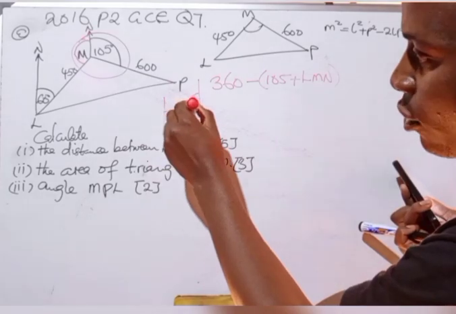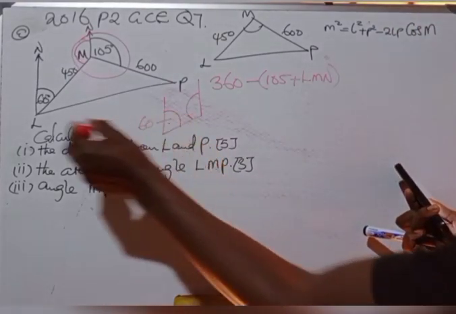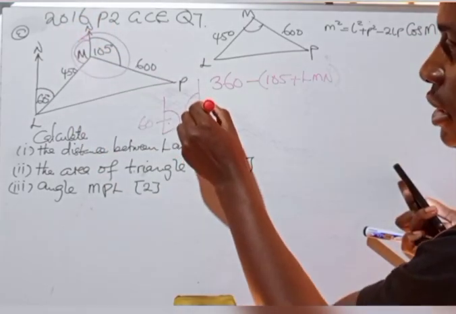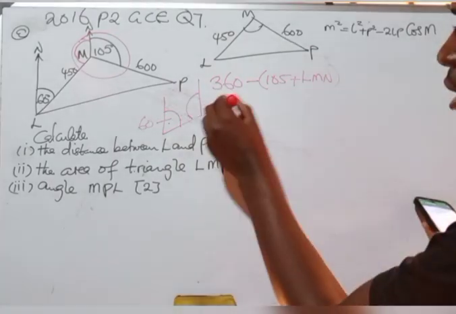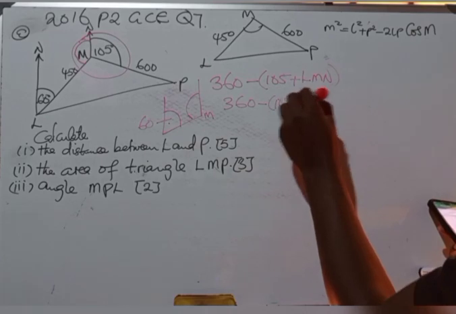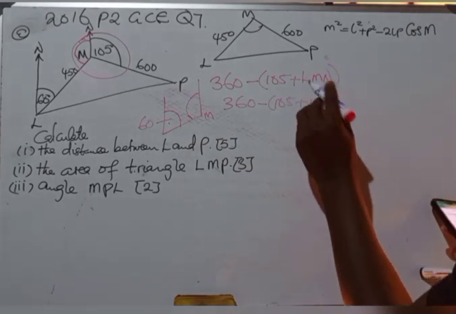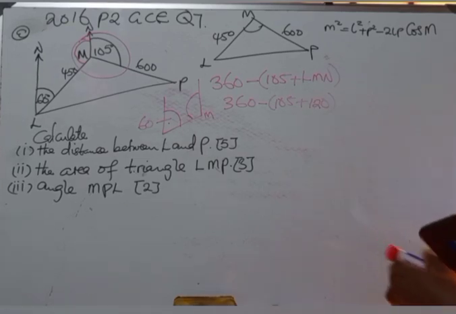So if this angle here is 60, meaning this angle here, which is 60, plus this angle here, which is M there, they are supposed to give us 180. So meaning 180 minus 60, the answer we are going to have is 120. So we are going to say 360 minus 105 plus 120.